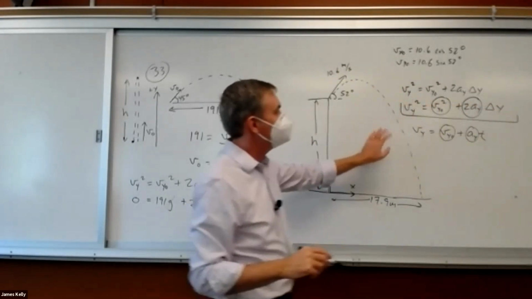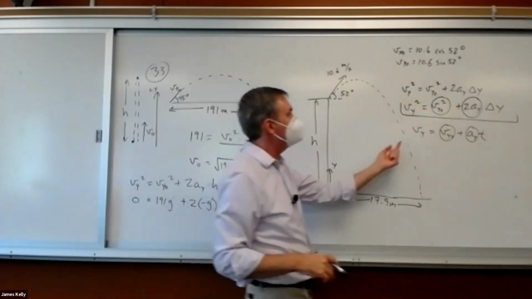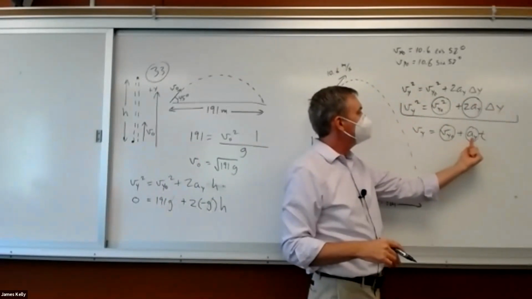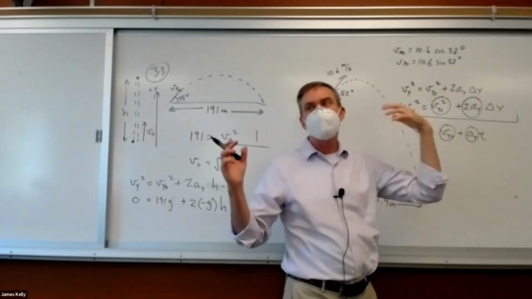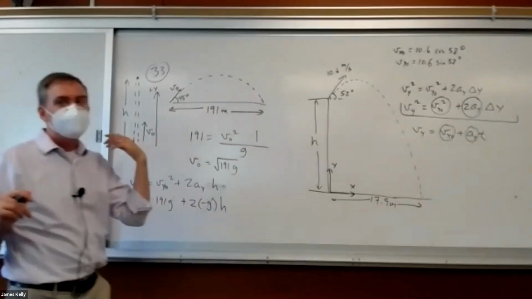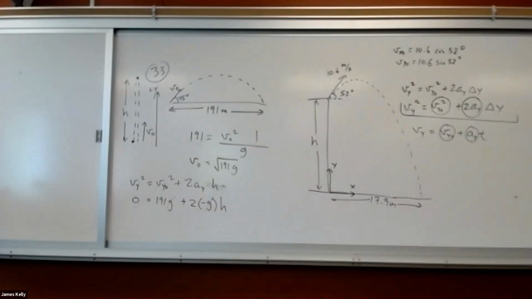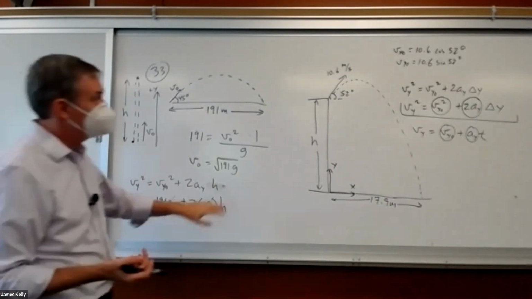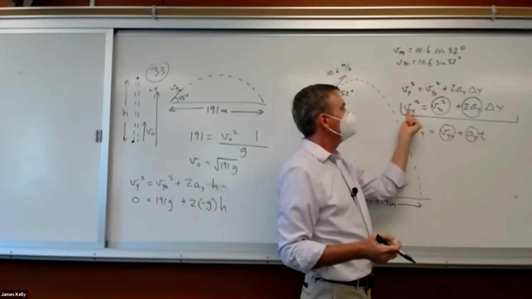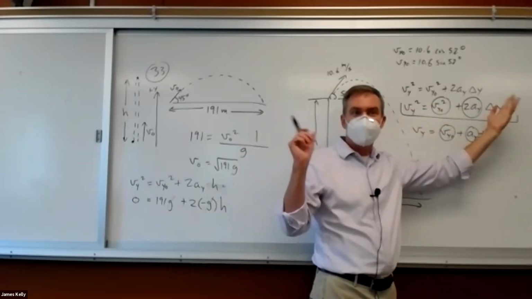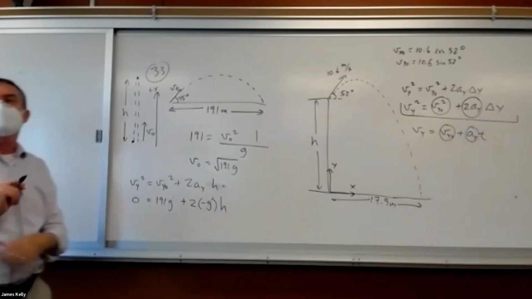Now it's going to be a quadratic equation because I'm going to be squaring something plus something times t, and when you square that out, you're going to get a t squared term, a t term, and a constant term. So it looks like if I only knew t, I'd be done, right? You can think of it this way: if I only knew t, I could get Vy. I plug it in there, and then I get delta y, and then we're done. That's one way to think of it. How now can I get t?